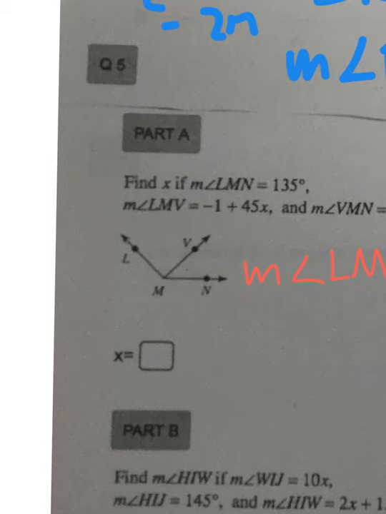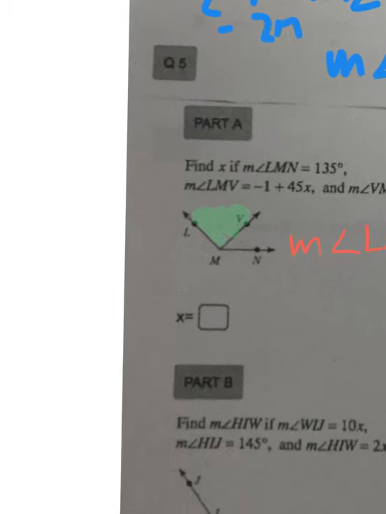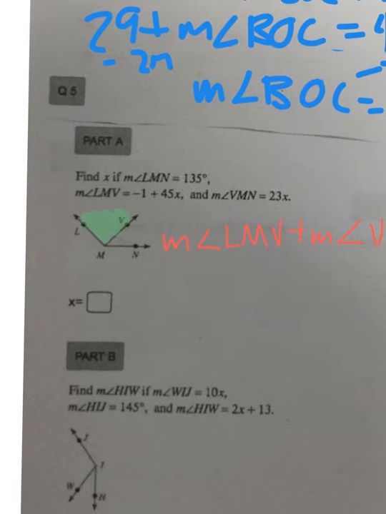So the first thing that we do is we find the name of this slice of pizza up here, right? So if I look at that slice of pizza, the name of it would be LMV. Okay, you see that? So when I come over to my equation here, that's where I get the measure of LMV.